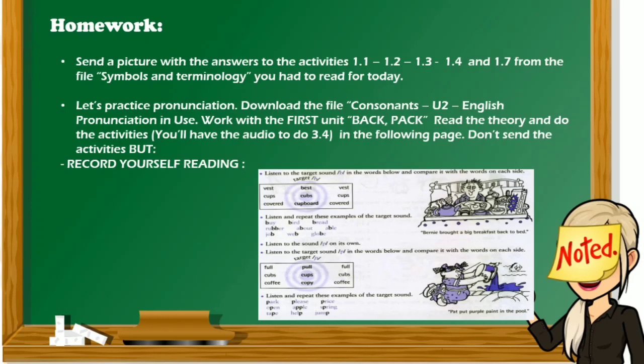You are going to see that 3.4, the last activity, will require an audio, and I will post the audio so you can solve it. But you don't have to send them yet. We're going to focus on the written activities later. But yes, you have to send the recording of yourself reading this part of the paper.